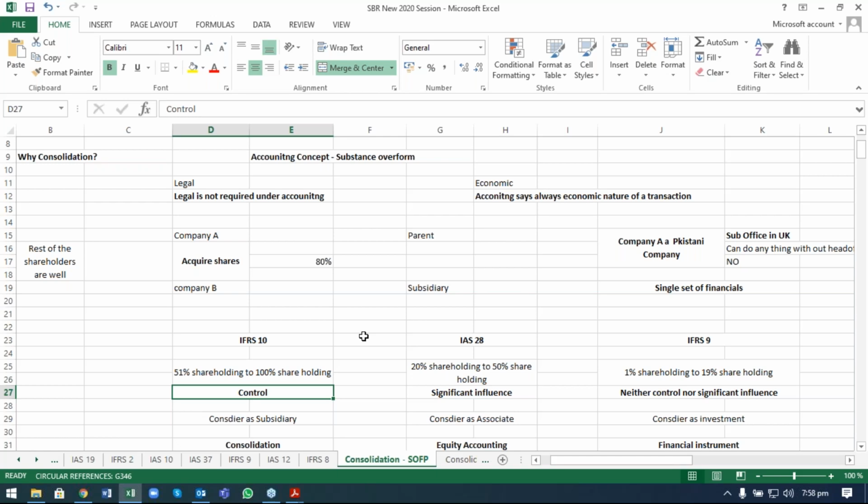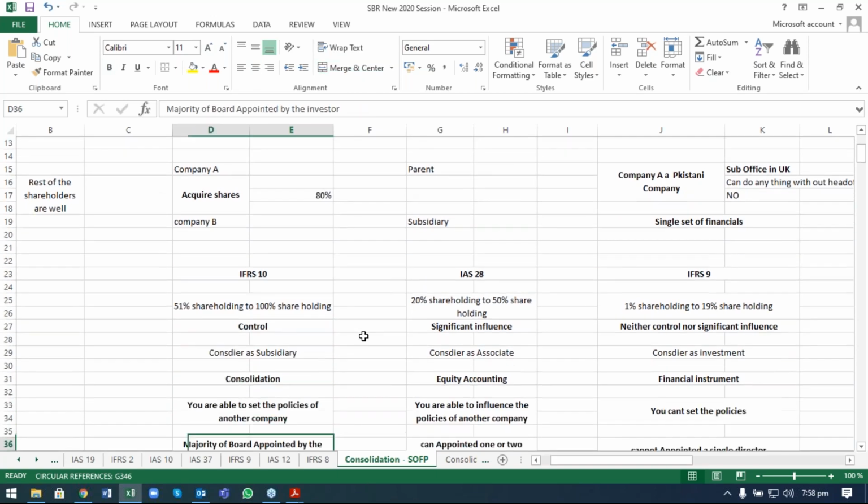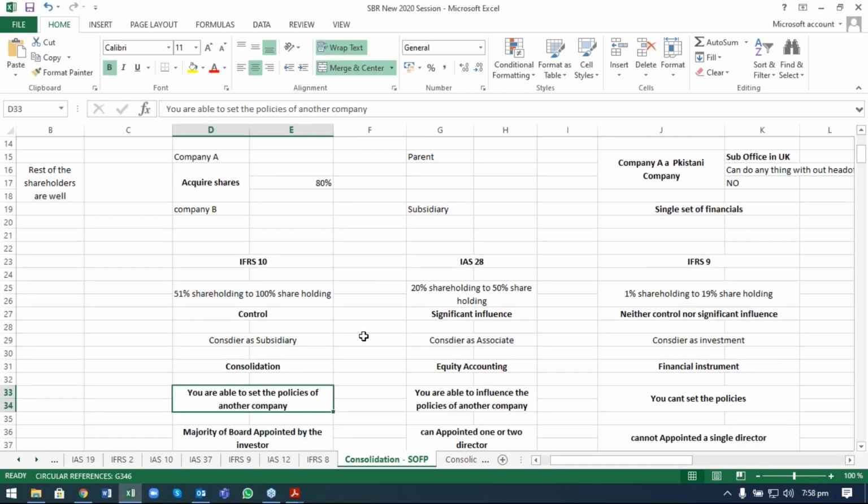It means you have joint control, just like the IFRS 11 requirements, joint arrangements. So that's not control; you don't have significant control. If you have control over a subsidiary, it means you have a majority of the shareholdings. If you have this holding, then you can consider it a subsidiary, and you need to consolidate it.